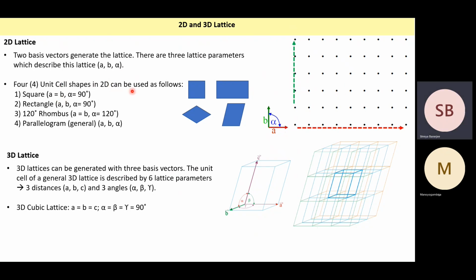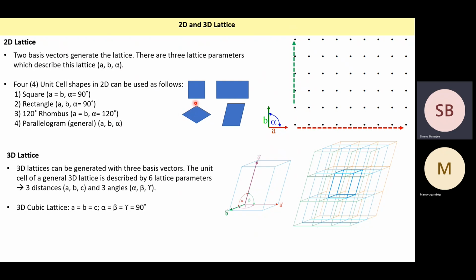4 unit cell shapes in 2D lattices can be used. One is a square, where A and B are equal and alpha is 90 degrees. The second is a rectangle, where A and B are not equal and alpha is 90 degrees. The third is called a 120-degree rhombus, where A and B are equal and alpha is 120 degrees.